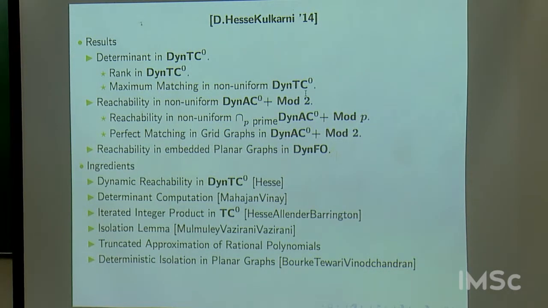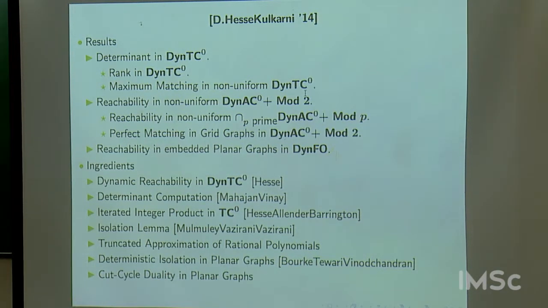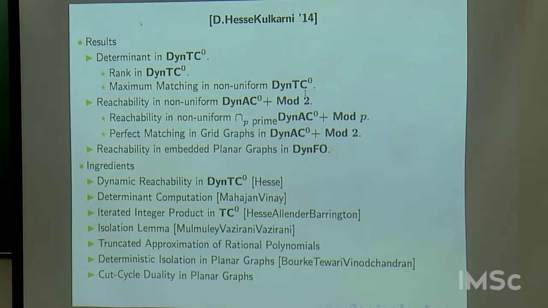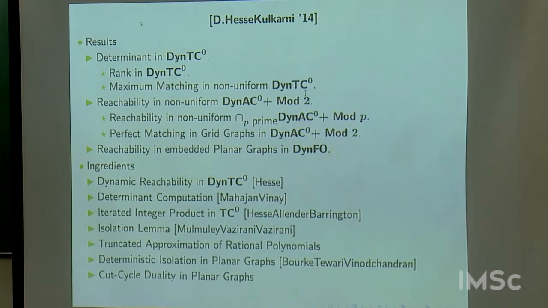And some of the more recent results from the log space community about deterministic isolation in planar graphs and the cut-cycle duality in planar graphs. Okay? So for the determinant computation, the first three suffice, and I'm going to talk about determinant computation in a minute.